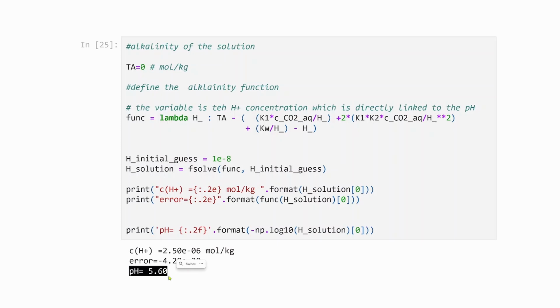And 5.6, that means the CO2 in the air is acidifying pure water down to pH of 5.6 from 7.